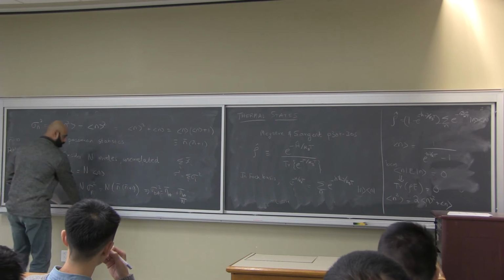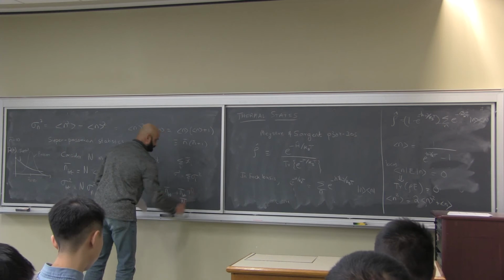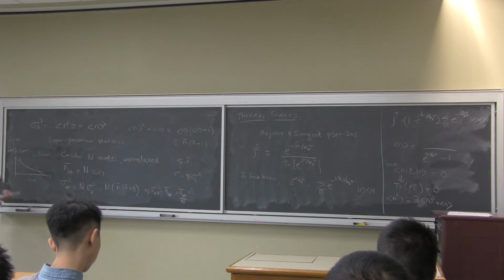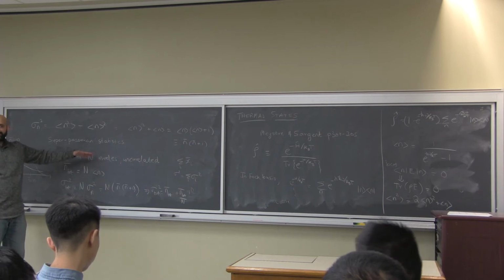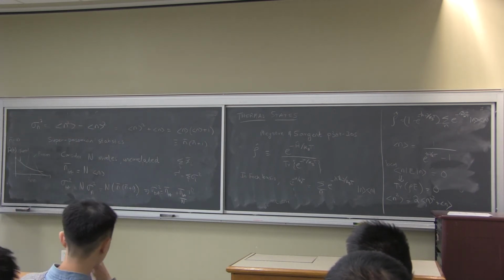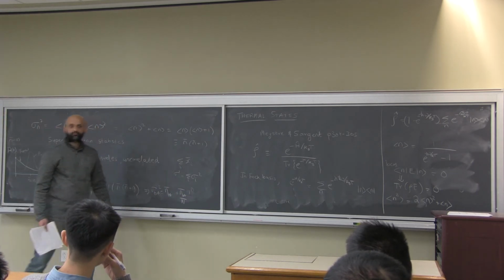So, as capital N goes larger, this goes to 0. As we have N independent uncorrelated modes, the total variance approaches that for a Poisson distribution.